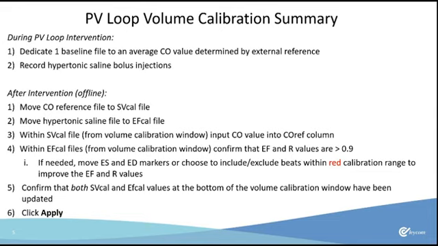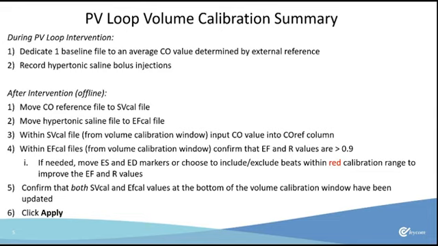Within the volume calibration window, we will then view the SV-cal file and input the cardiac output value determined by the external reference in the cardiac output reference column. Likewise, on the EF-cal side, we will look at the saline files and confirm that the EF and R values are greater than 0.9.